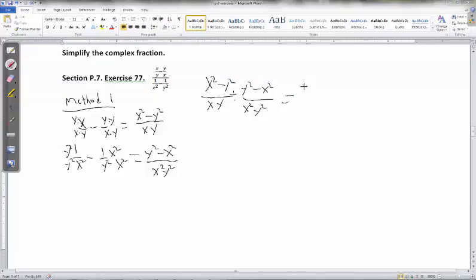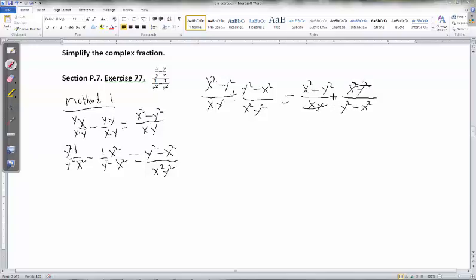That's going to be x squared minus y squared over xy times x squared, y squared over y squared minus x squared. Oh, I forgot my squared there. Alright, first off, this xy will reduce away and I'll get rid of these squares.